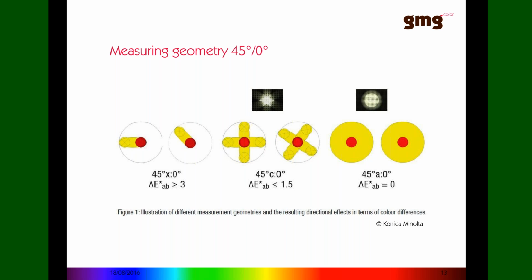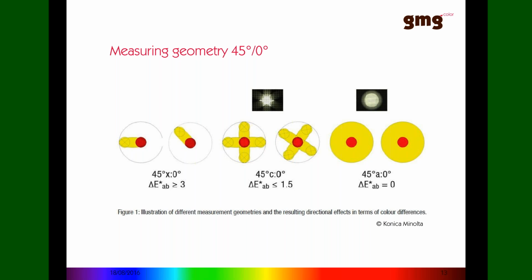And on the right-hand side, we see the measuring geometry that some measuring devices use, and that's the 45-degree annular ring optic. Here the light comes from every direction, and when you measure with such a device and you turn it a little bit, you get exactly the same result measuring one patch compared to without turning it.